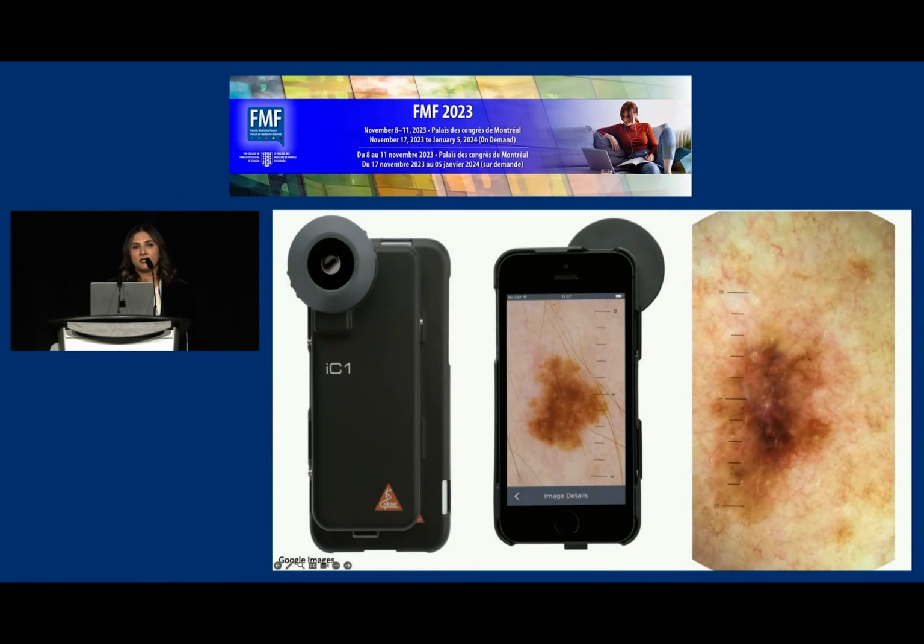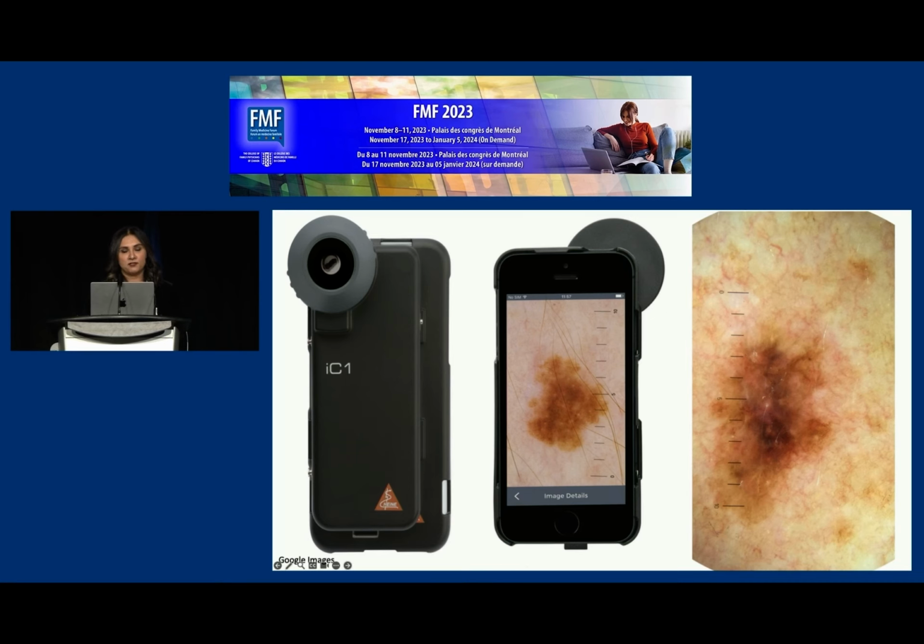The dermatoscope that I use currently is the Heine IC1, and I've mounted it on an iPod, as you can see. This is the exact picture. The image on the right-hand side is actually the first picture I took with the dermatoscope, of my own mole on my hand, and this actually turned out to be a malignant melanoma in situ.